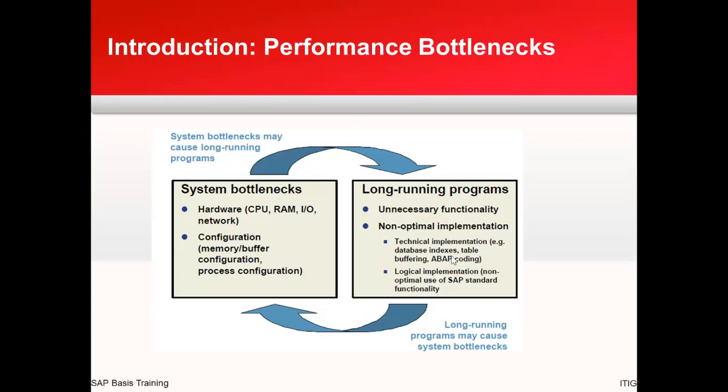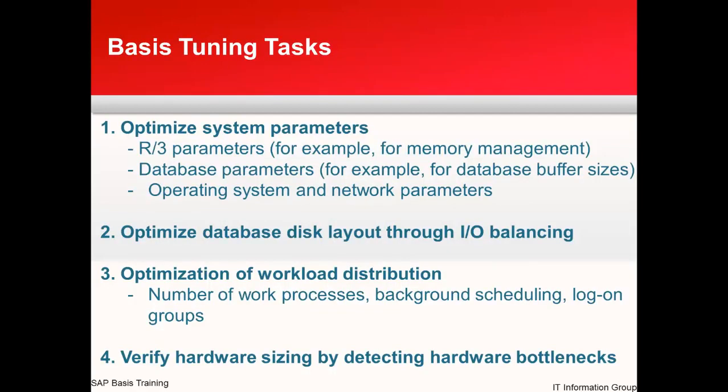Long running programs may cause system bottlenecks, and system bottlenecks may cause long running programs. So it's a catch-22 situation where if you have system bottlenecks you will have long running programs, and if you have long running programs you will have system bottlenecks.